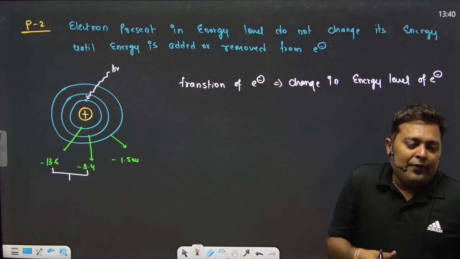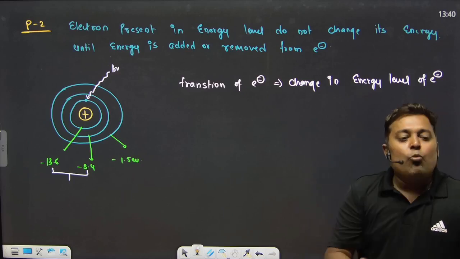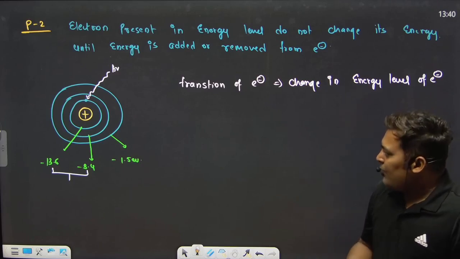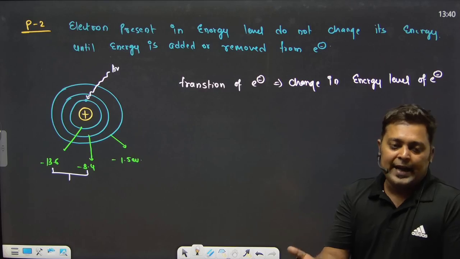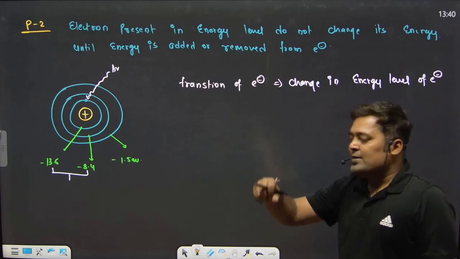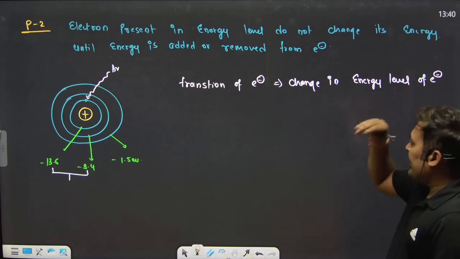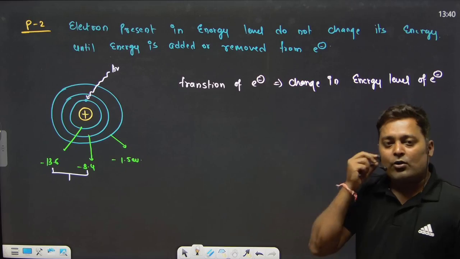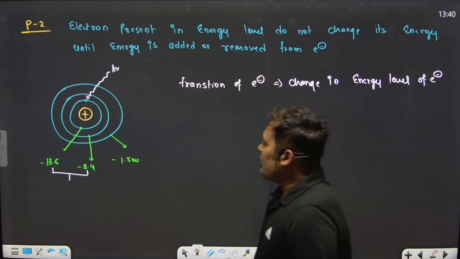But what if you are providing energy to it? What if you are withdrawing energy from it? Then the energy will change, and if the energy of the electron changes, then it will change its energy level. So change in the energy level of the electron, or change in the orbit of the electron, is what we call transition of the electron.